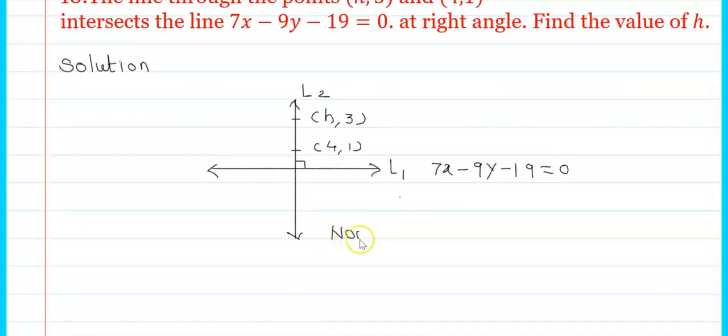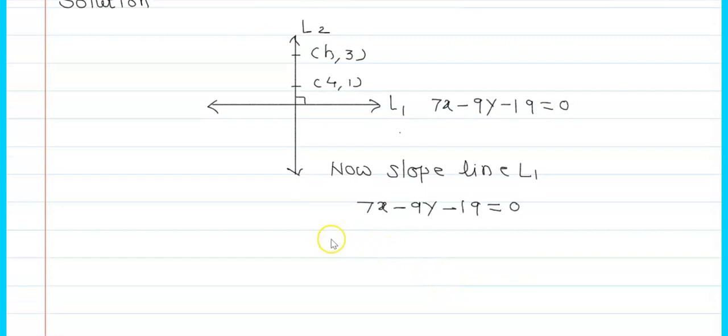Now the slope of line L1. What is its equation? 7x minus 9y minus 19 is equal to 0. Therefore, this equation can be written as 7x minus 19 is equal to 9y.